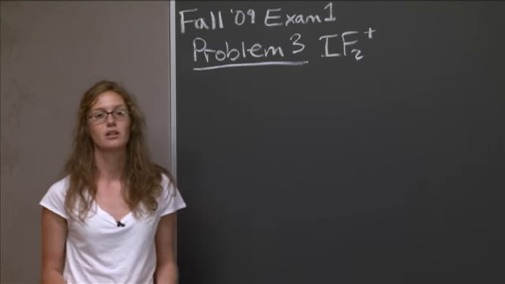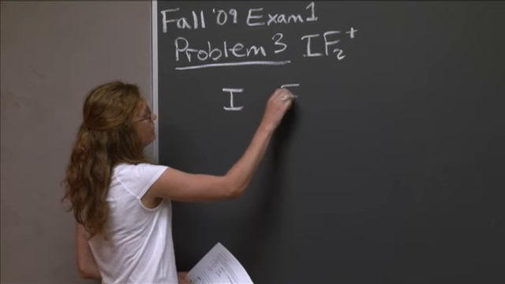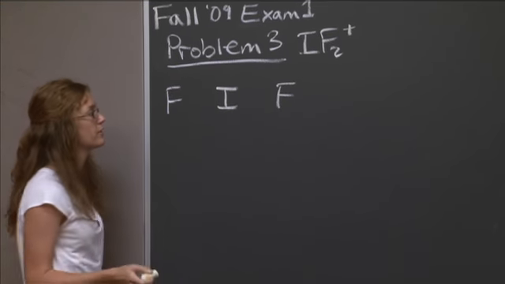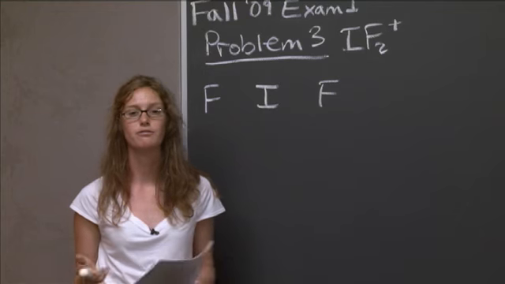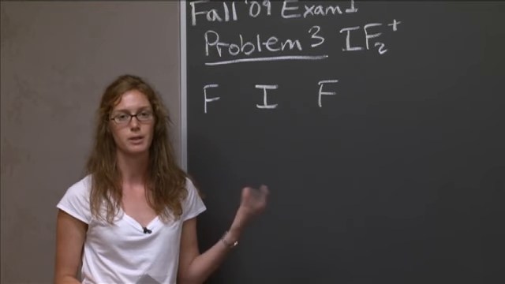As we know, fluorine is the most electronegative element in the periodic table, and so that's probably not going to be in the middle. Therefore, iodine, being the less electronegative, is going to be in the middle, and it will have fluorines on either side. This is our rough sketch of the molecular geometry.